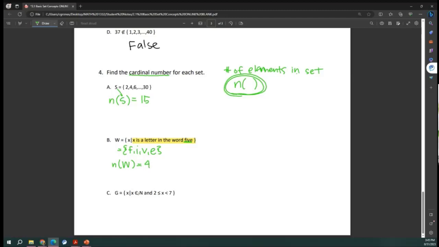All right, and then our last one is we are looking at the set G, and we are looking at this condition where X is between 2 and 7. Can somebody tell me what numbers are in our set?